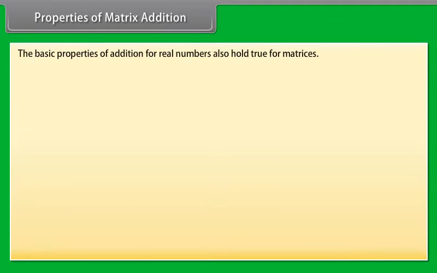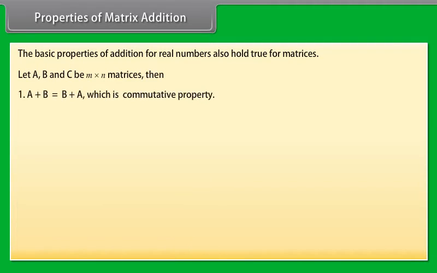Properties of matrix addition. The basic properties of addition for real numbers also hold true for matrices. Let A, B and C be m by n matrices, then A plus B is equal to B plus A, which is the commutative property.